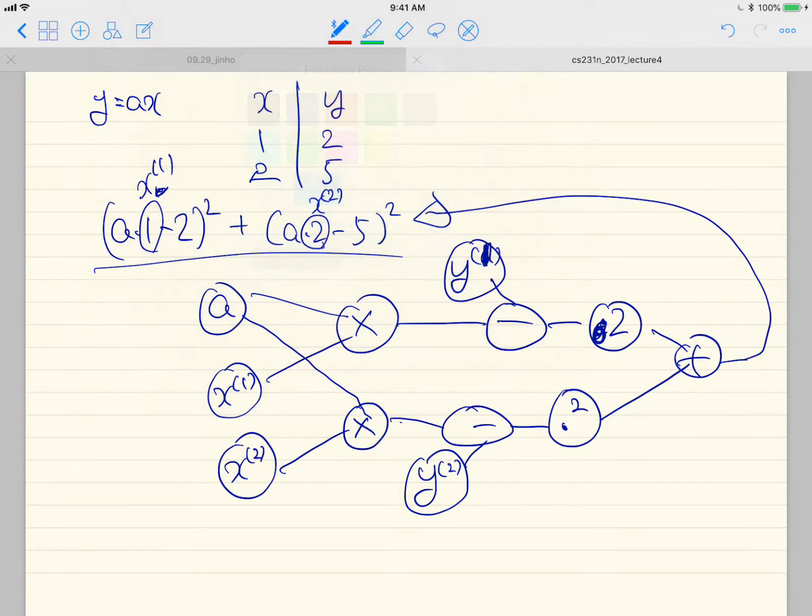Okay, so my point here was this parameter A is connected commonly to the first data item and the second data item, right? And thus this A actually has branches, branching into two different paths, right? And when a single node is branching out, how do we deal with the gradients coming from this flow and this flow?